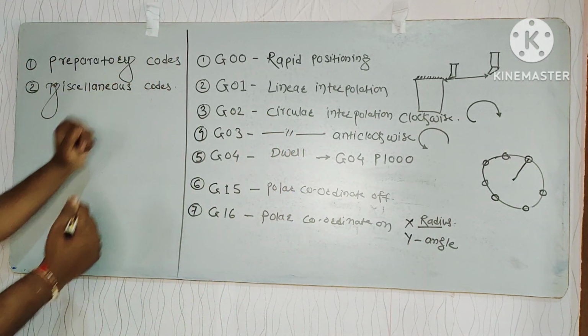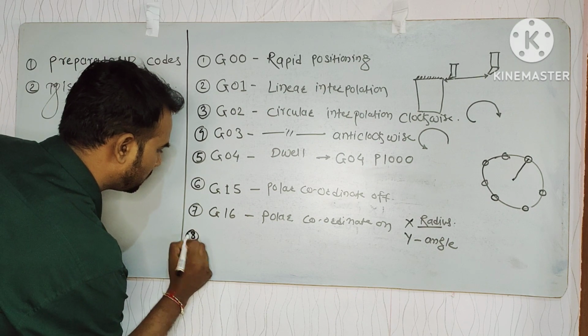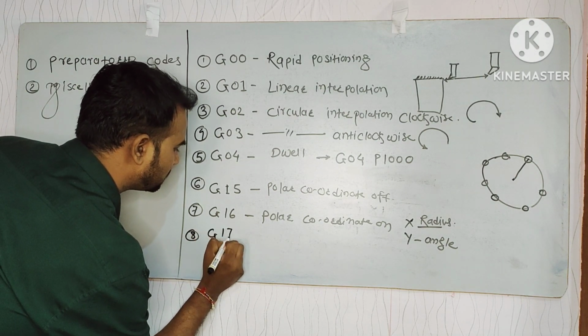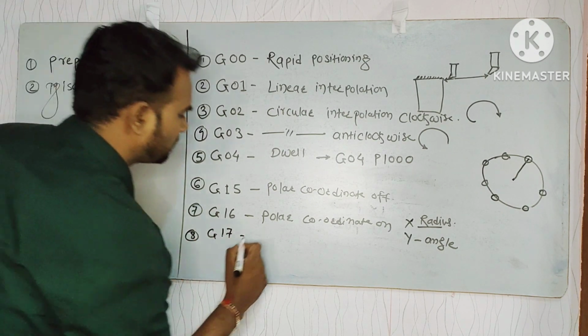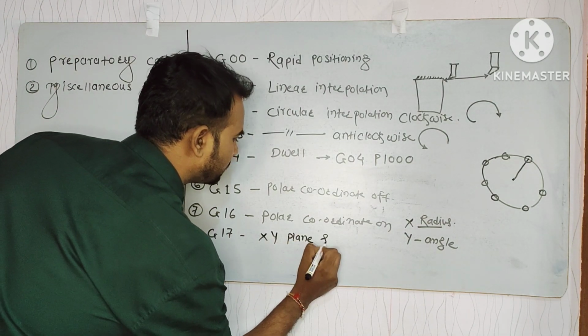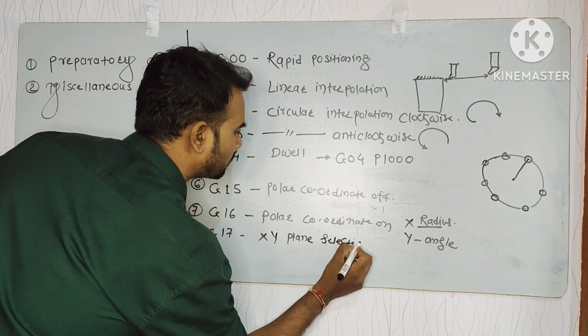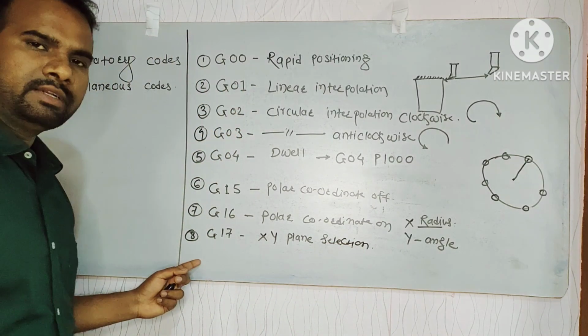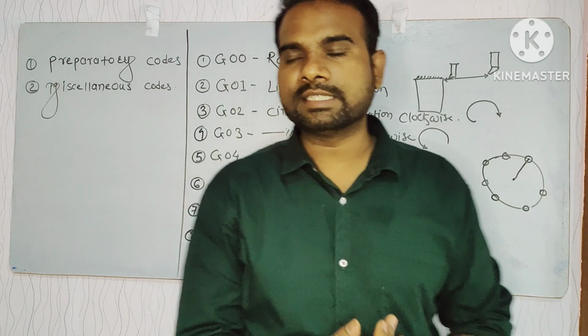After that, number 8, G17. G17 means XY plane selection. What is XY plane selection?